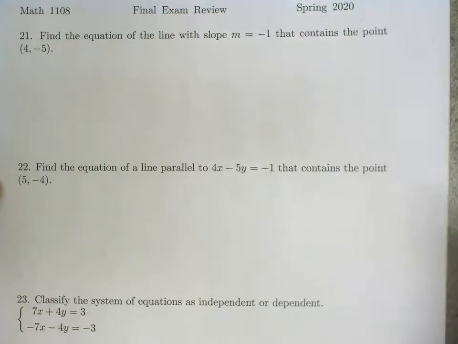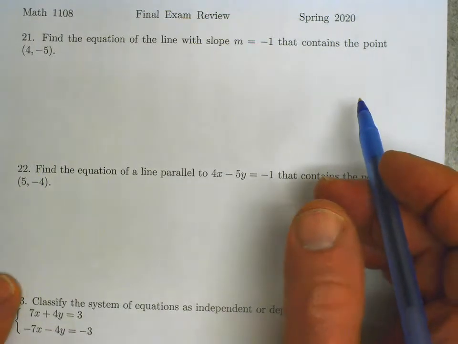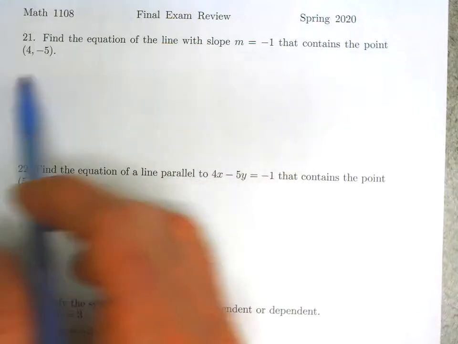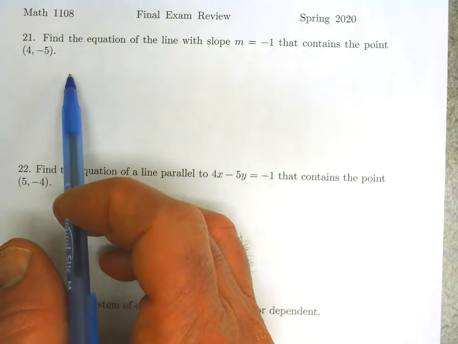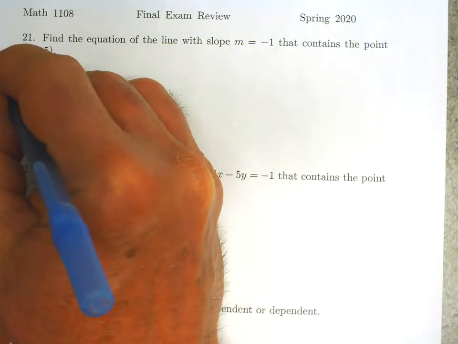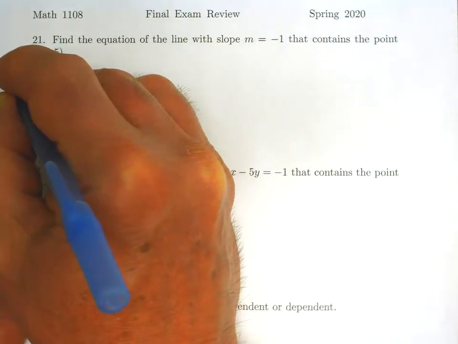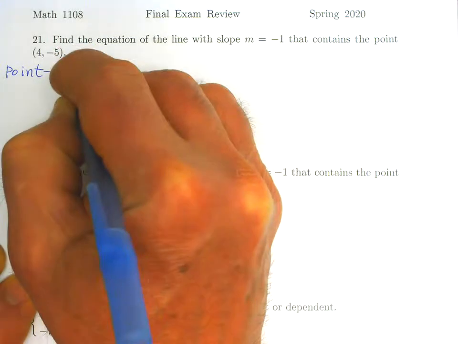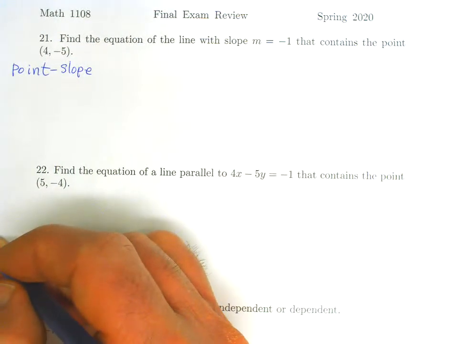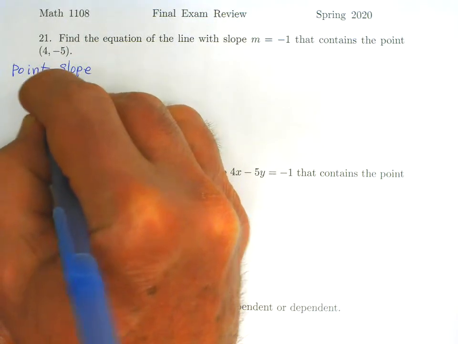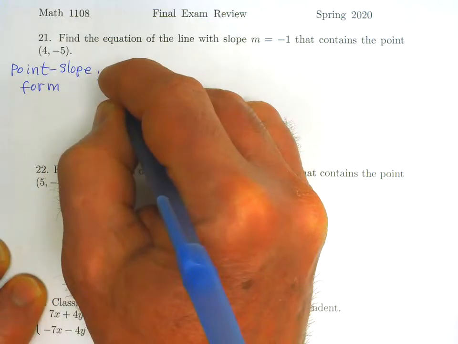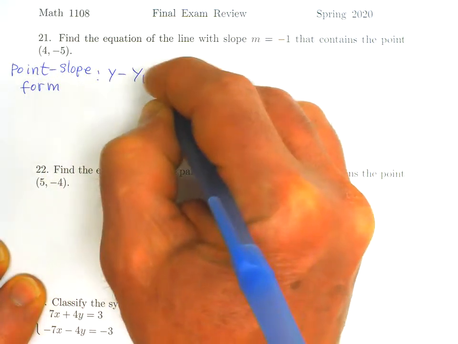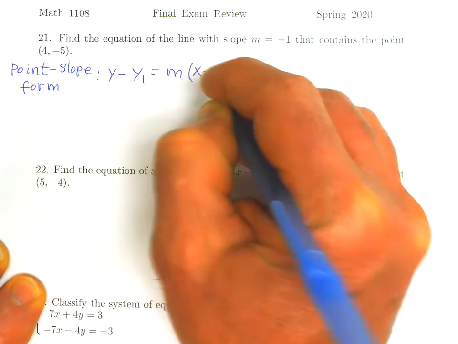Okay, so on this one, this is set up in such a way that we can use the point slope form. I'll remind you of the point slope form. That is y minus y1 equals m times x minus x1.